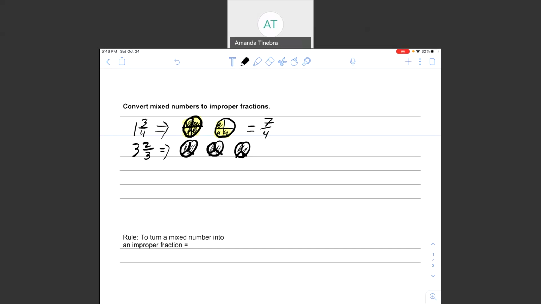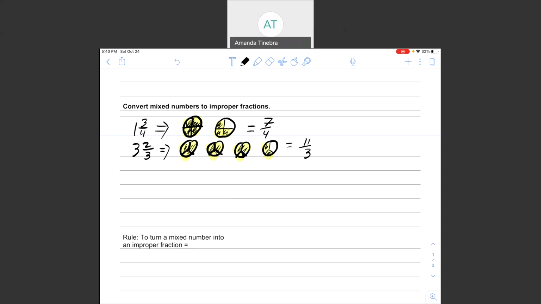And then for my 2/3 that I still have, I would draw another circle, and this time I'm only shading in 2 of the thirds. So counting how many thirds I have, again, it's like counting the slices of pizza that I would have, not counting that blank one. I would have 1, 2, 3, 4, 5, 6, 7, 8, 9, 10, 11. So this would be the same as 11 thirds.